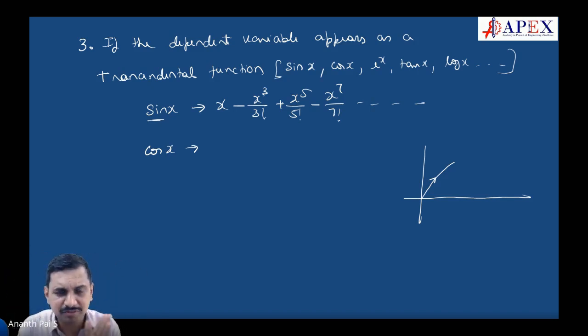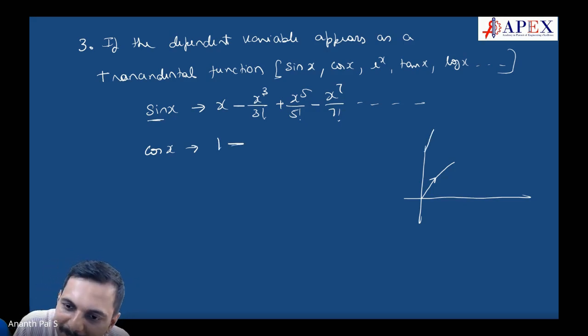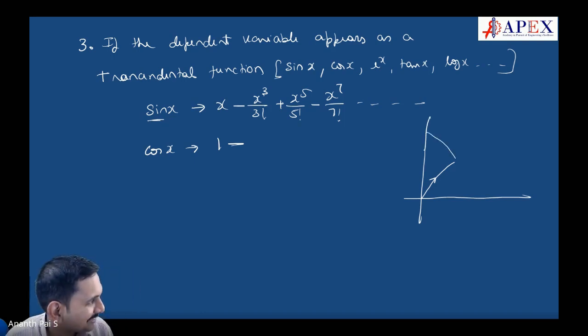What is the expansion of cos? One minus... observe that it is falling. Cos is falling, is it not? When cos is falling, there are no odds. It's all being evened out.